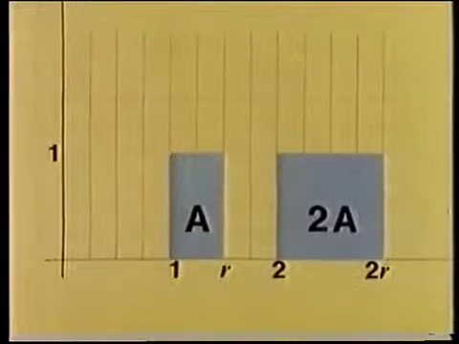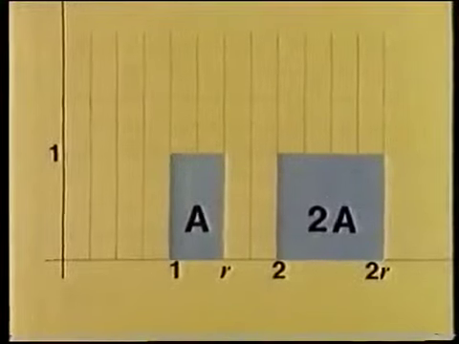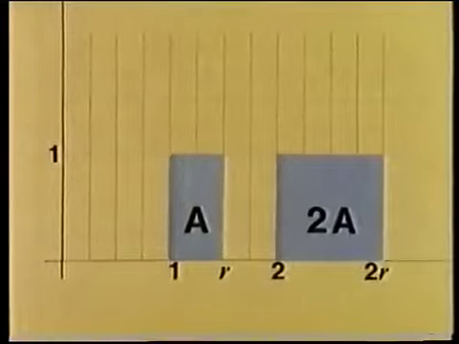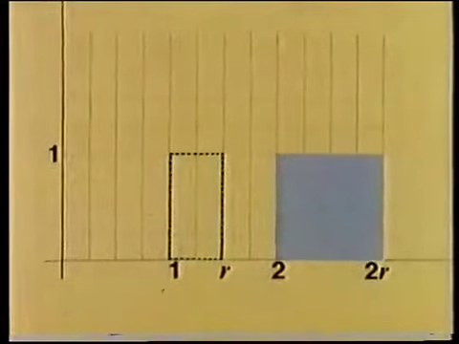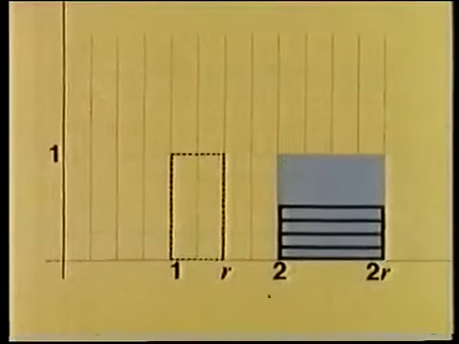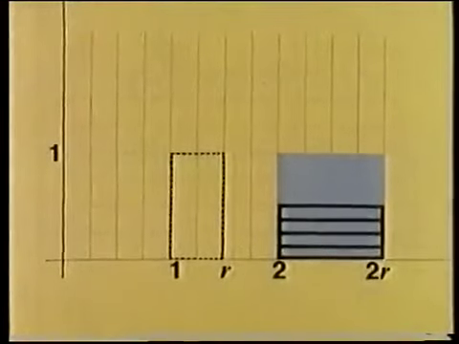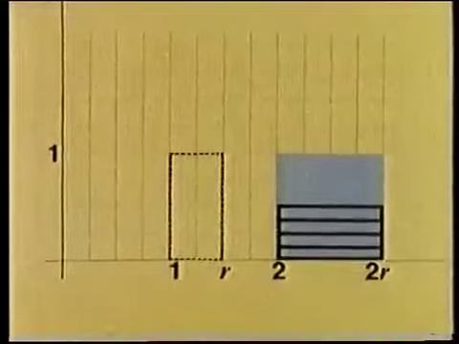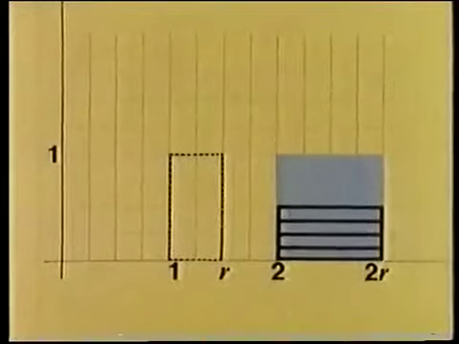Area gets multiplied by the factor we scale by. And the same holds for scaling in the y direction. For example, let's scale this rectangle by a factor of 1/2 in the y direction. The area gets halved because the height gets halved. Again, area gets multiplied by the factor we scale by.